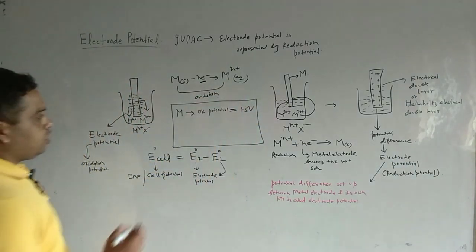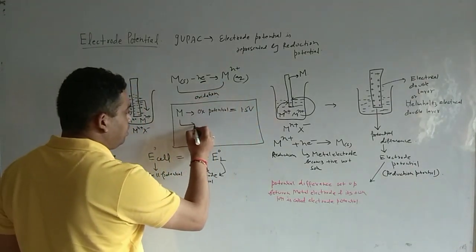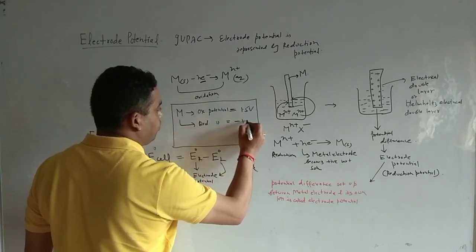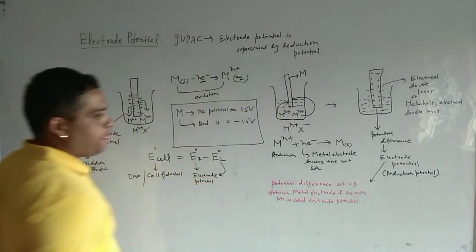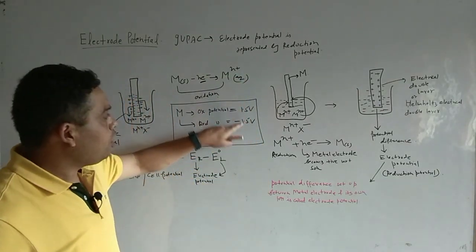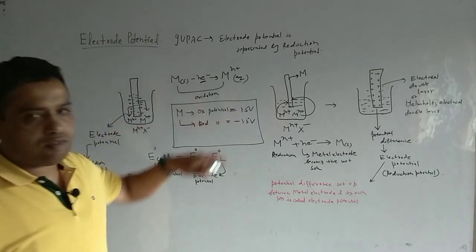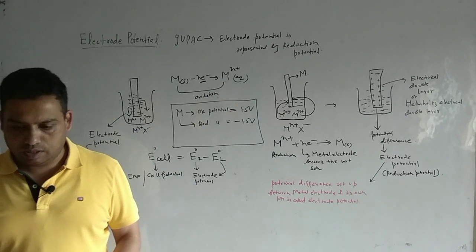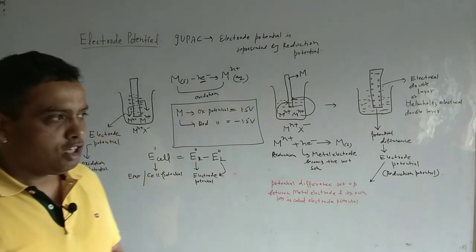Then for the same metal, the reduction potential would be negative 1.5 volt, or vice versa. If the reduction potential is positive 1.5 volt, then the oxidation potential would be negative 1.5 volt, and not only 1.5, any value which comes out for the particular metal.